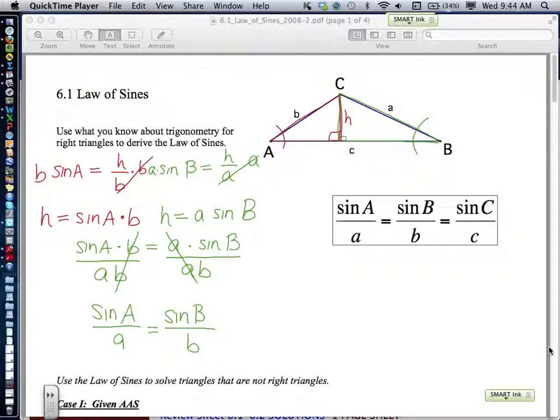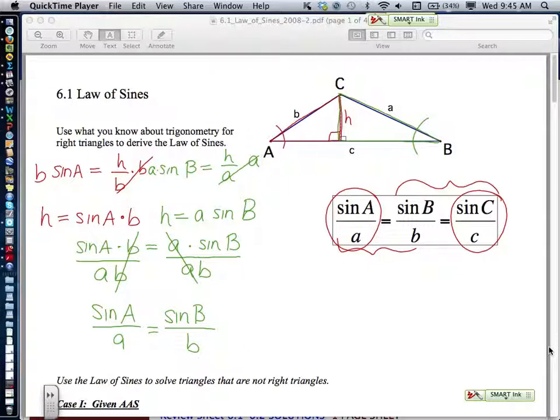But it's repetitive, it's the same idea. So as you work with this law of sines, depending on the sides or angles you're interested in, you're either going to use this part of the equation, or maybe this much of the equation, or maybe you'll involve sine A and sine C and relate those two.